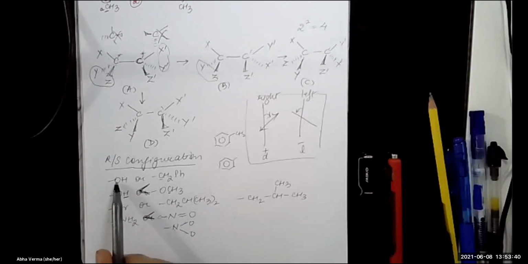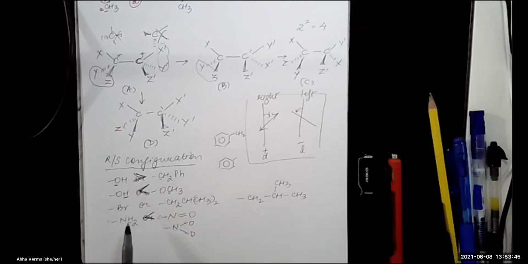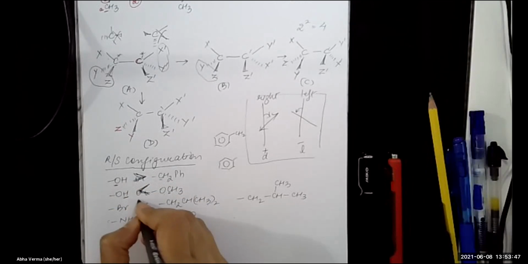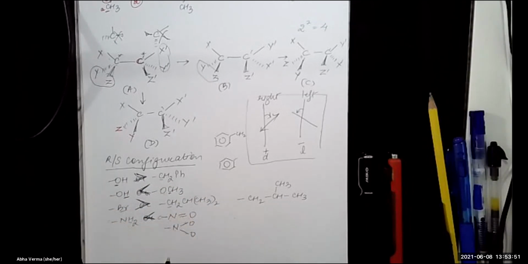In this part, definitely oxygen and carbon. So oxygen will have more priority. Between bromine and CH, definitely bromine will have more priority. Okay, so I'm glad that nobody chose the other answers, which were not the answers at all.